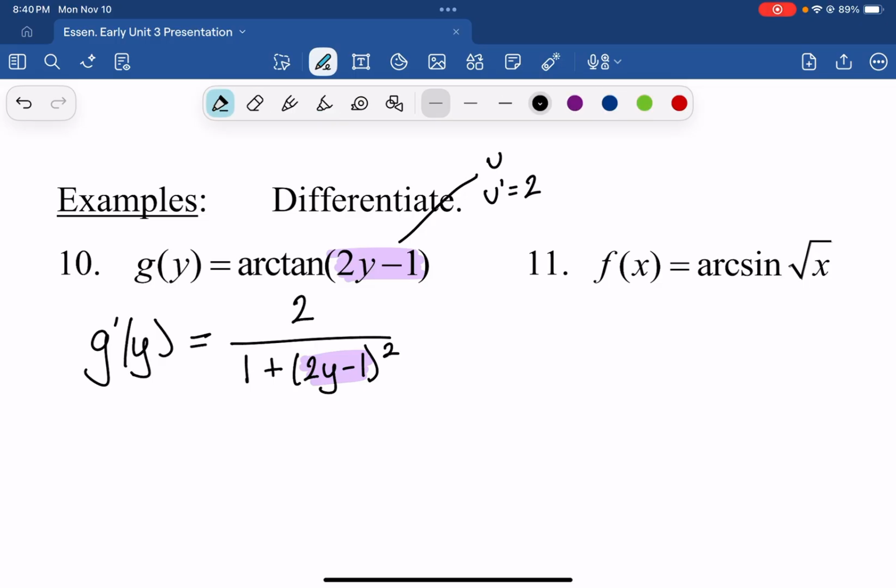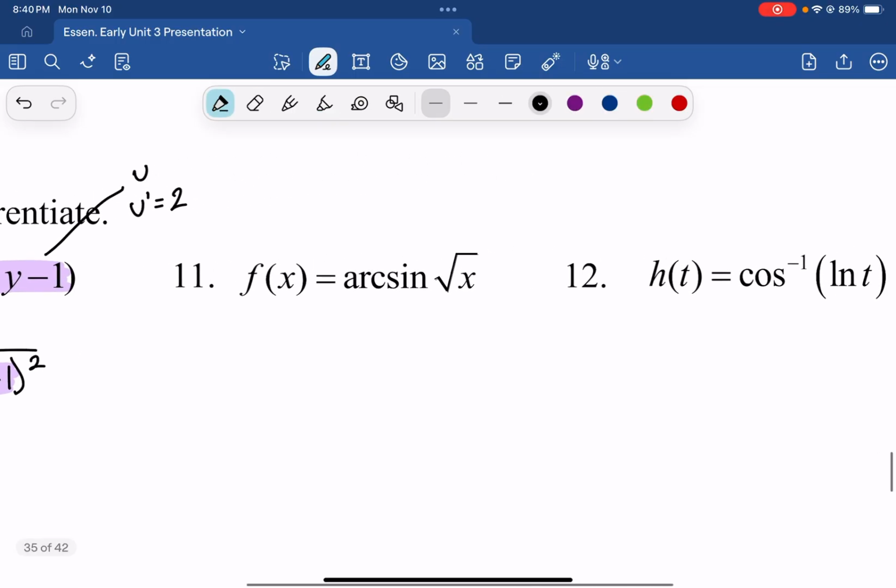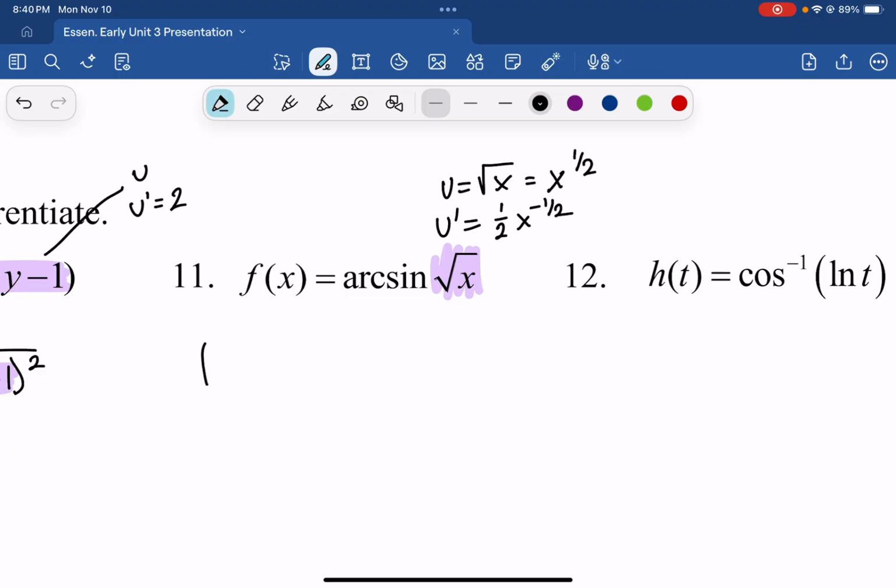Okay. Let's look at our next one. f of x equals arcsine of the square root of x. Okay, this one, once again, we have that u here, right? So u is equal to the square root of x, or I can rewrite it as x to the 1/2 to help us, right? So the derivative of u is going to be 1/2 x to the negative 1/2. Okay, so now I'm going to take my derivative.